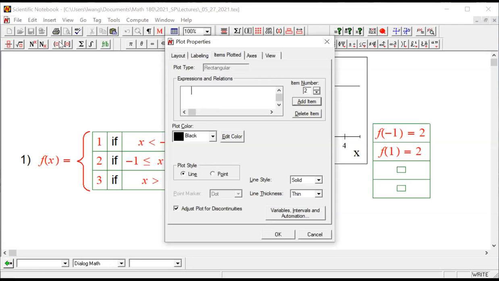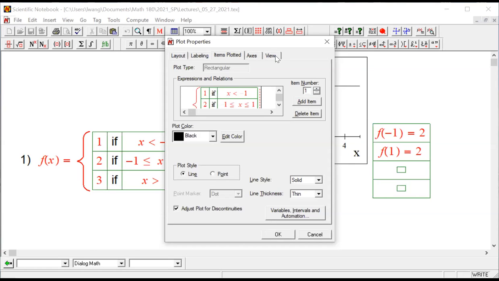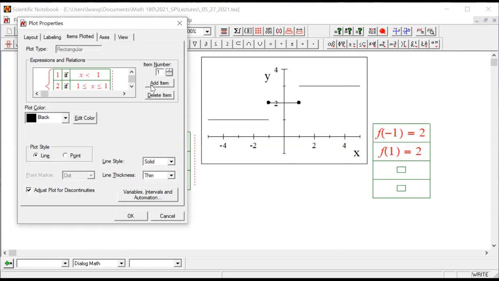So you have (-1, 2) as a dot, and (1, 2) as a dot. You need to have these 2 dots. How about here? You must put a circle there. So you must put circles over there.